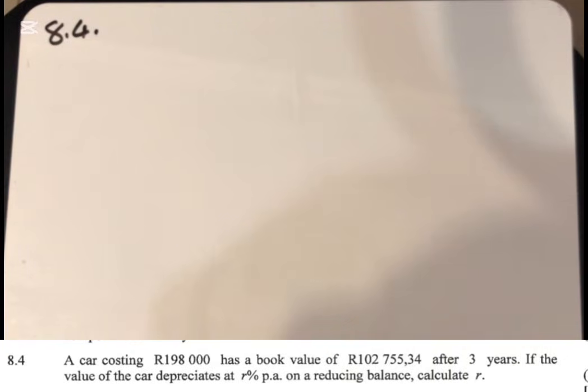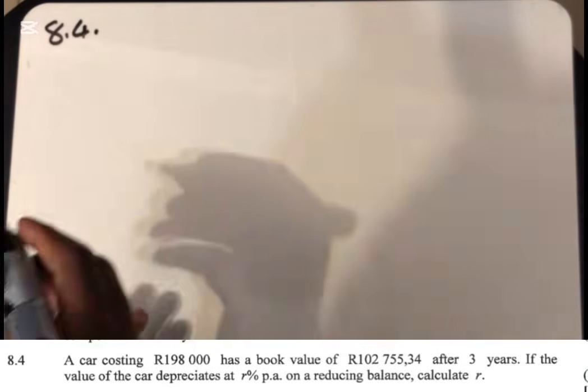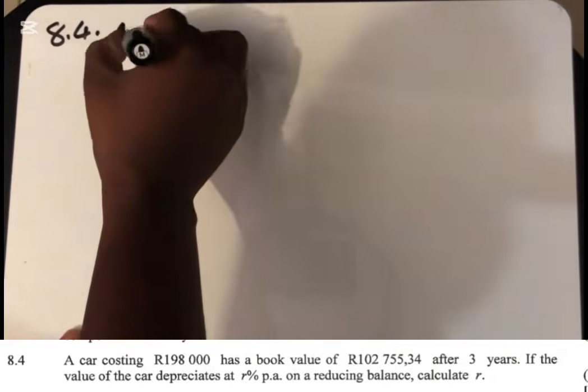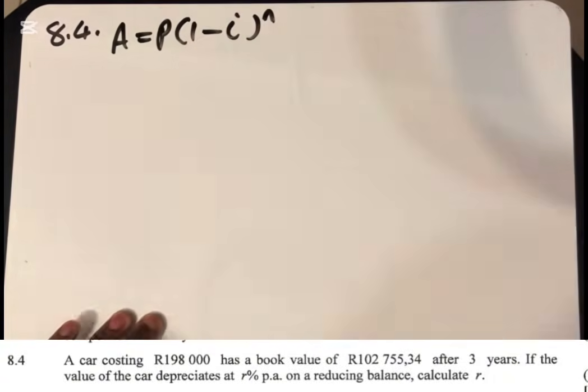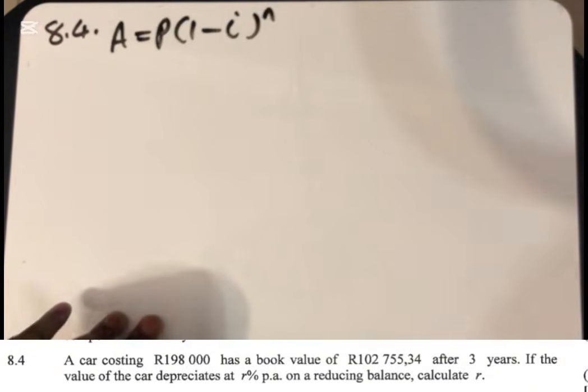If the value of the car depreciates at R% p.a. on a reducing balance, calculate the value of R. Reducing balance, we know that A = P(1 - i)^n. That is our reducing balance. We use the compound interest but with a negative.